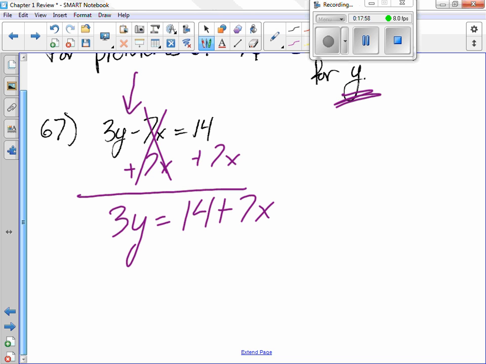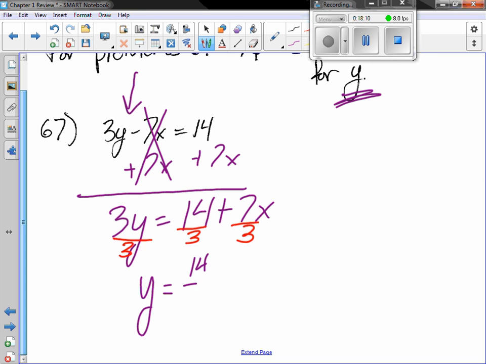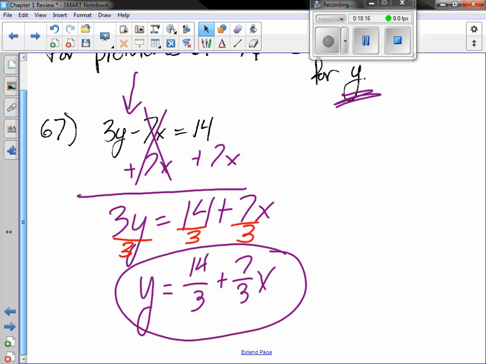But still, what's with y? We have the 3, yes? So we're going to divide every single term by 3. So we get y is equal to 14 over 3 plus 7 thirds x. And that's all we have to do for this here.